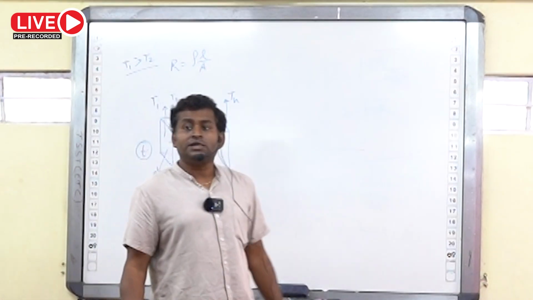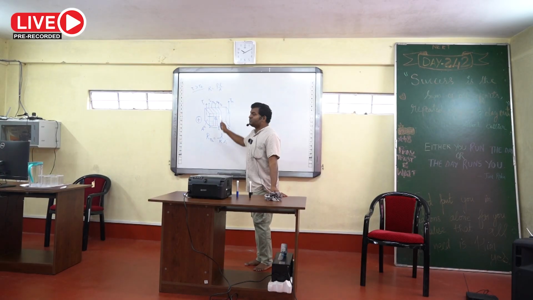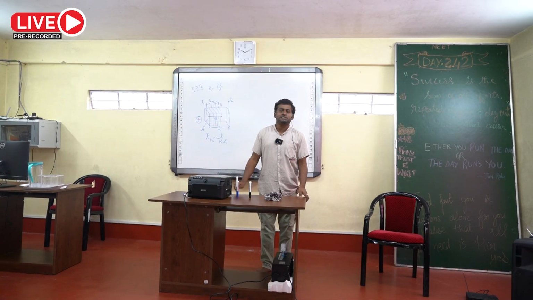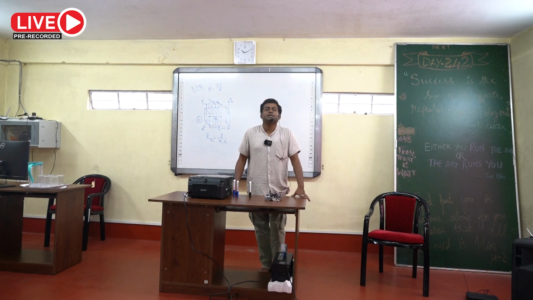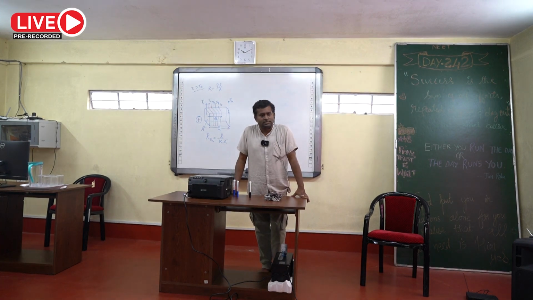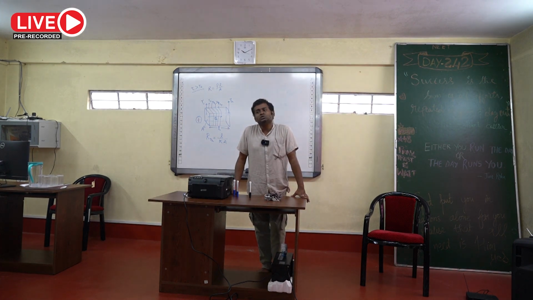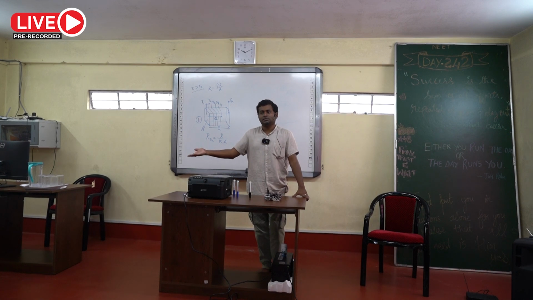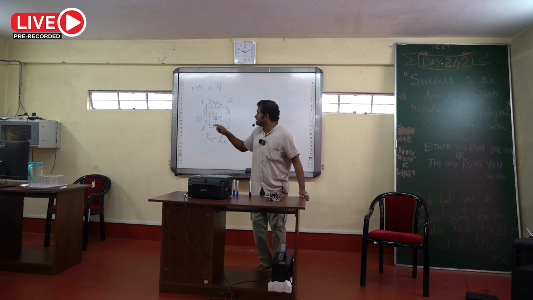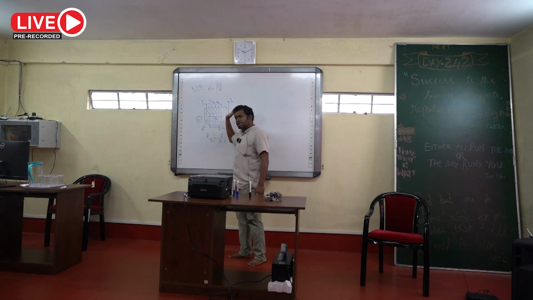As soon as every segment is receiving heat energy, its temperature is going to rise, but it is always less than the temperature of the previous segment, and always greater than the temperature of the upcoming segment. That's why heat is flowing from this end to that end.